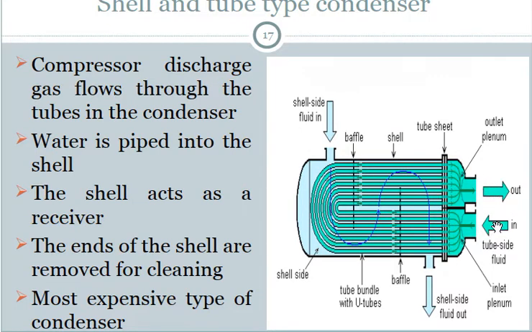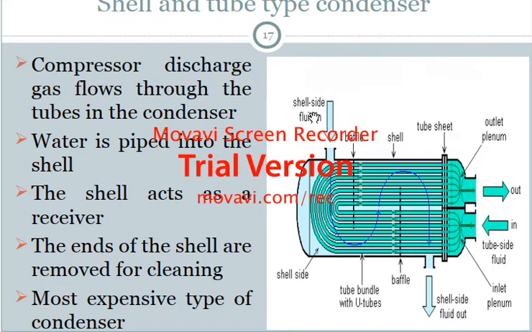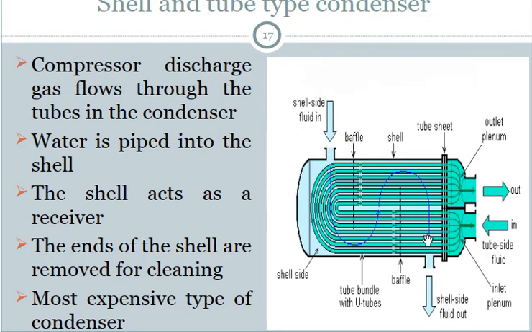So the high temperature refrigerant is here, and then the coolant goes through the shell side fluid system here. The coolant, using water, we supply from here, and then it goes outside from this side.